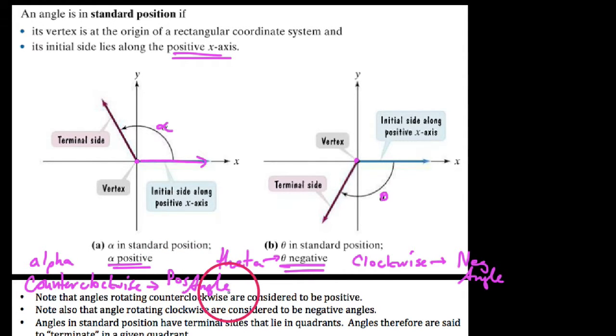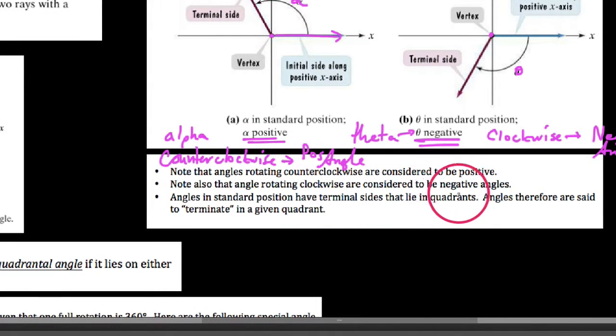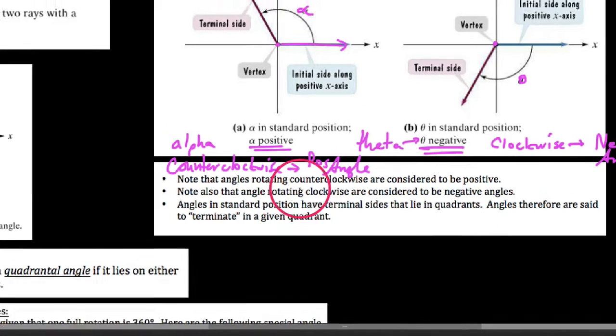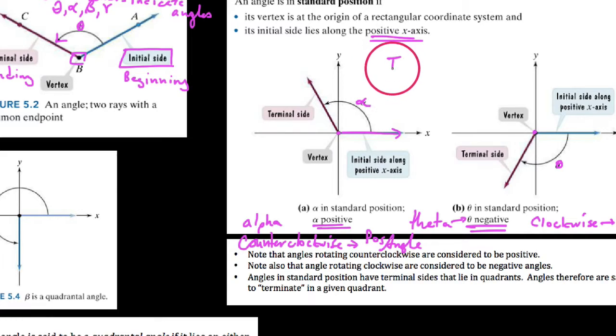So those things being said, we note that angles rotating counterclockwise are considered to be positive, and angles rotating clockwise are considered to be negative. Also, angles in standard position have their terminal sides lying in quadrants. So we want to label these quadrants, remembering that the first quadrant is in the top right section, where x and y values are all positive.